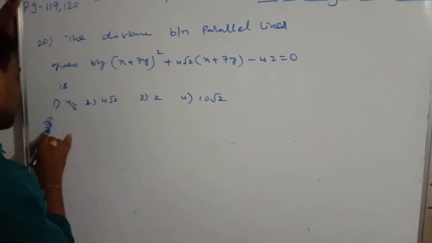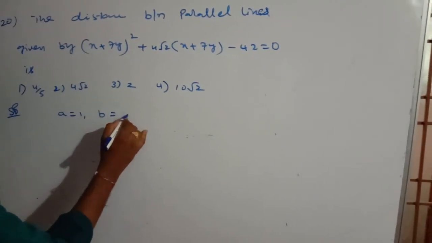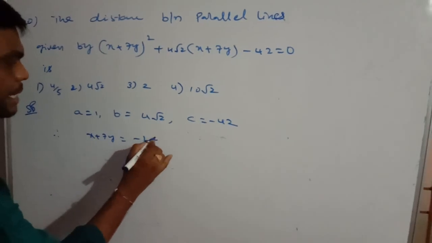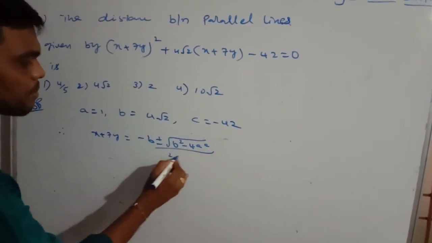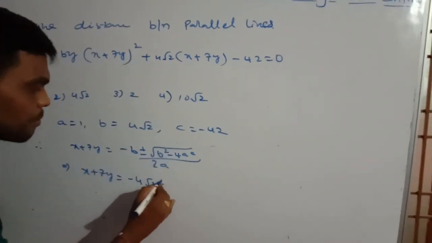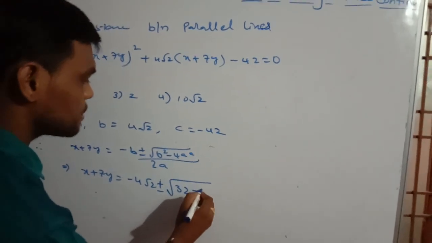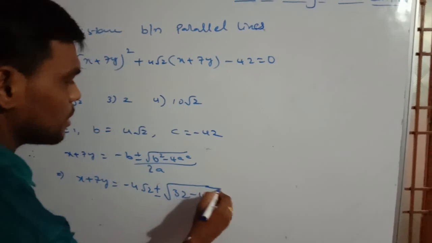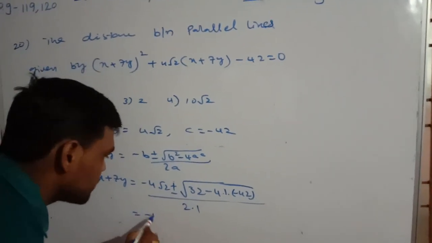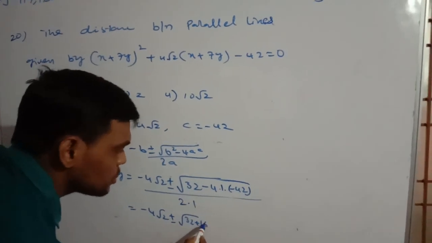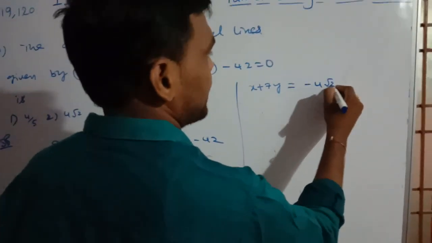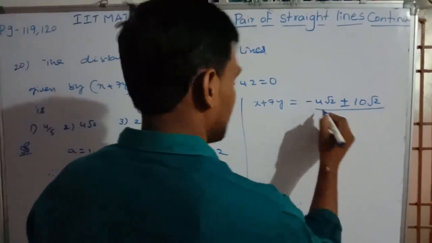Here a is 1, b is 4 root 2, c is minus 42, and the roots are x plus 7y is equal to minus b plus or minus root of b square minus 4ac by 2a, and that implies x plus 7y is equal to minus 4 root 2 plus or minus root of 32 minus 4 into 1 into minus 42 by 2a, and this is minus 4 root 2 plus or minus root of 32 plus 168 by 2, and this is x plus 7y is equal to minus 4 root 2 plus or minus 10 root 2 by 2.